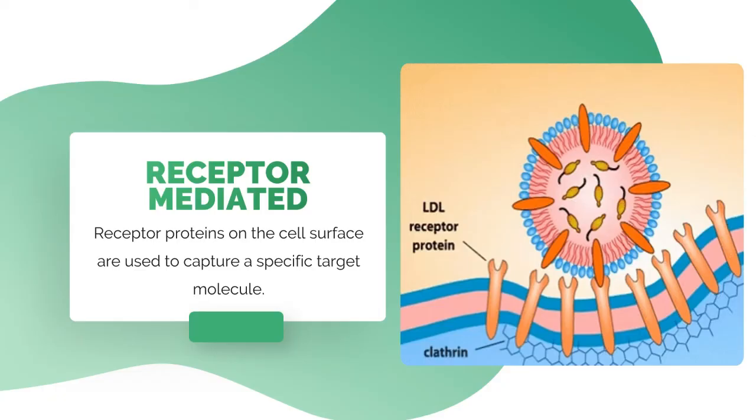Once na in-attach nila yung sarili nila sa object, unti-unti i-attach din ng natitirang receptor proteins ang sarili nila. Mag-form po yan ng circle, and unti-unti, ma-engulf na po ng cell yung object. That is receptor-mediated endocytosis.